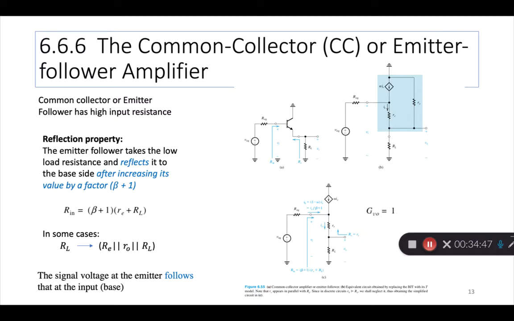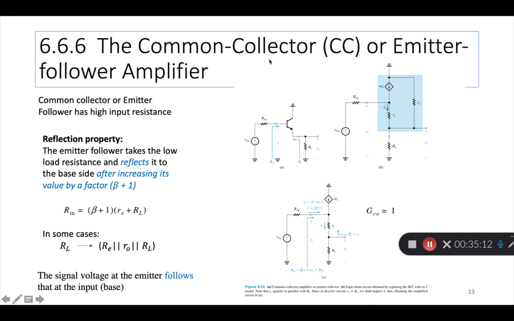Same concept here. The load resistance RL kind of gets attached to the input resistance Rin through the property of reflection. So the Rin becomes (beta plus 1) times (Re plus RL).